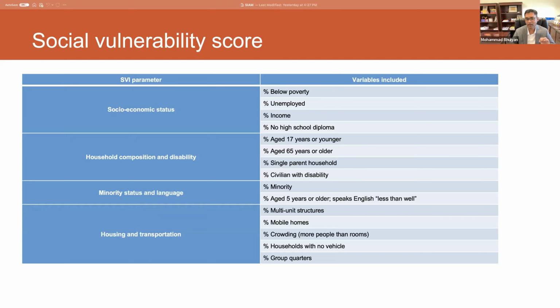So we divided these into 4 groups: socioeconomic status, household composition and disability, minority status and language, and housing and transportation. These are percentages. We used census data, which has all this information. We downloaded census tract data and calculated all those for each specific census tract.